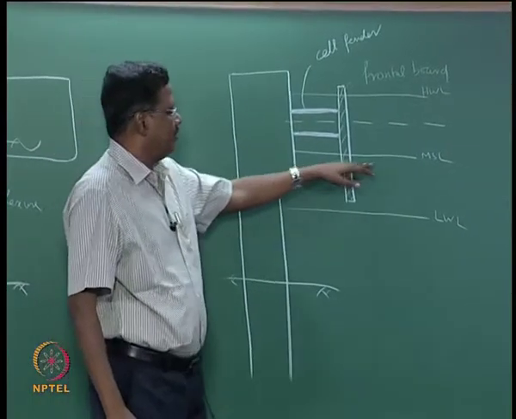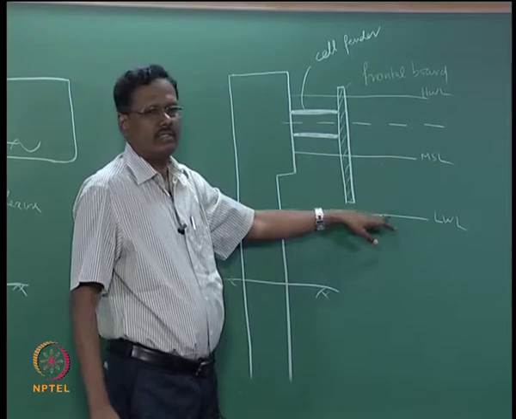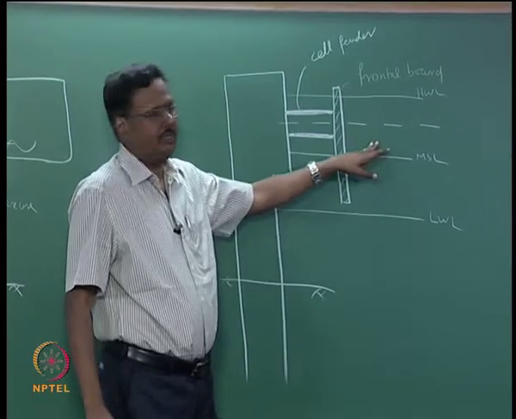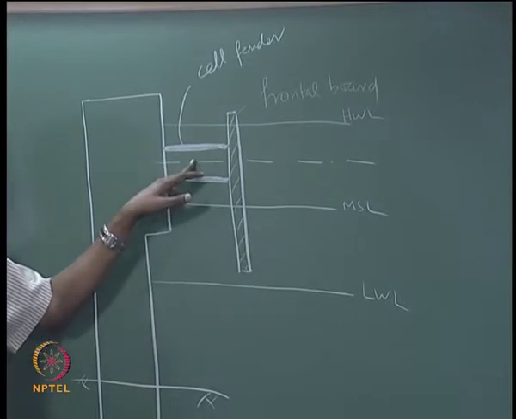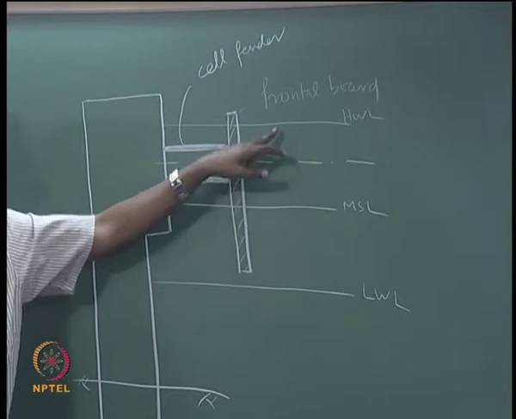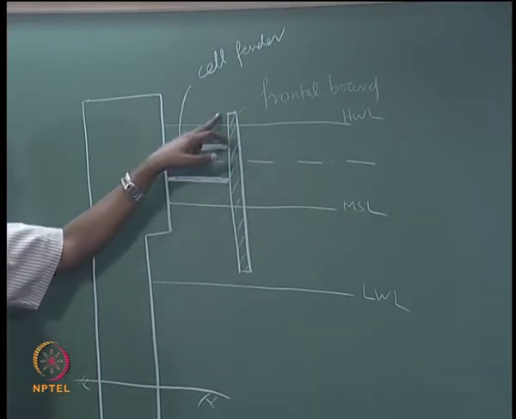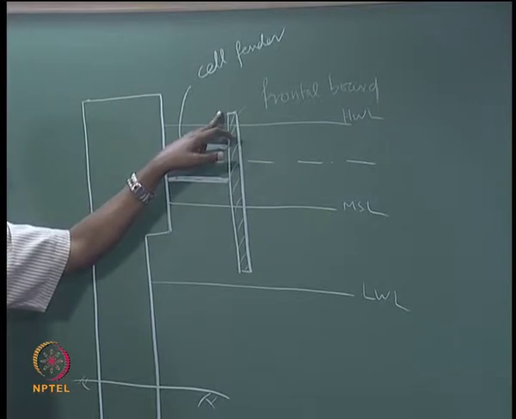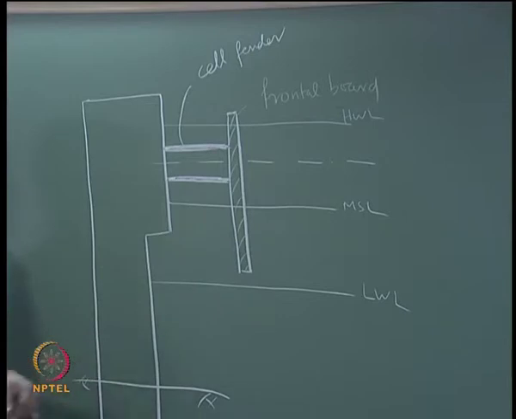The distance from mean sea level to high water level and mean sea level to low water level is almost the same. This point is in between high water level and low water level. The center line of the fender we normally fix between mean sea level and high water level, and typically the frontal board is slightly above the high water level and the bottom level of the frontal board is slightly above the low water level. This is how we fix.